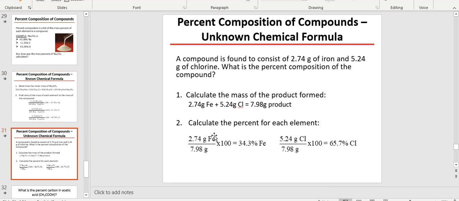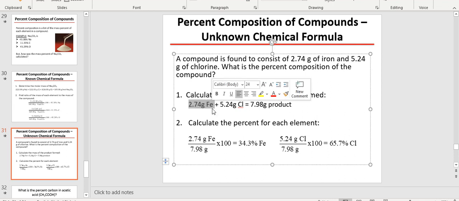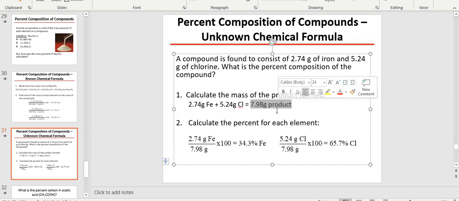A compound is found to consist of 2.74 grams of iron and 5.24 grams of chlorine. What is the percent composition of the compound? So I got 2.74 grams of iron and 5.24 grams of chlorine. Well, if all the iron weighs that, and all the chlorine weighs that, and if that's all there is, then the compound we're talking about here weighs 7.98 grams.